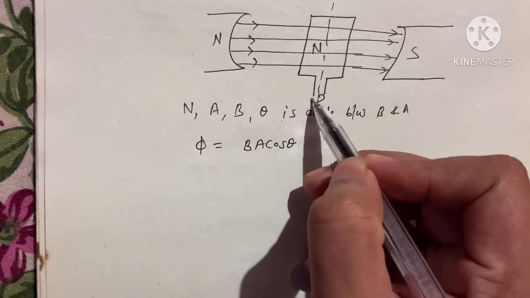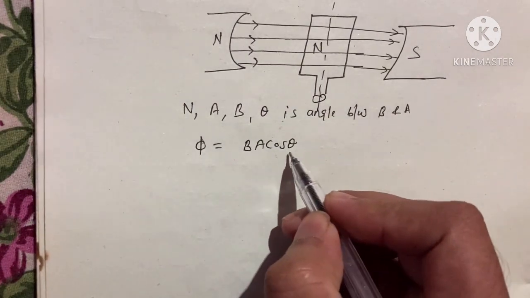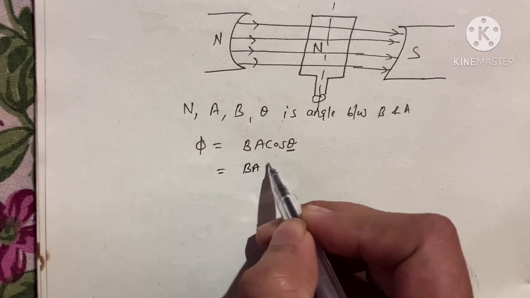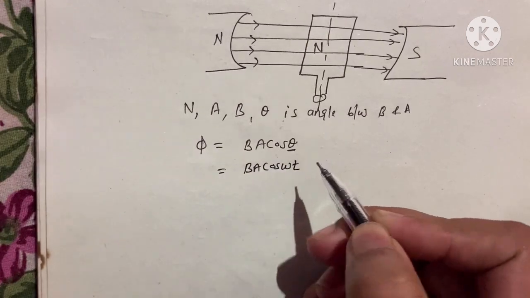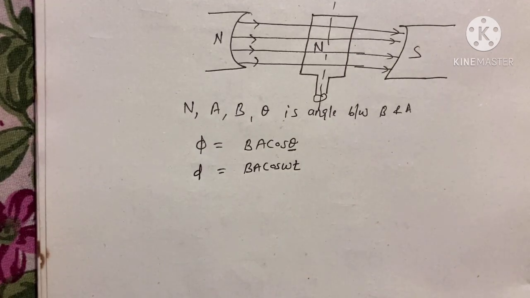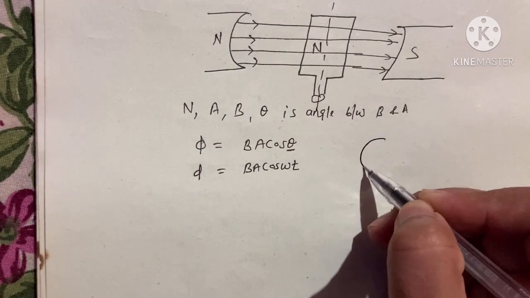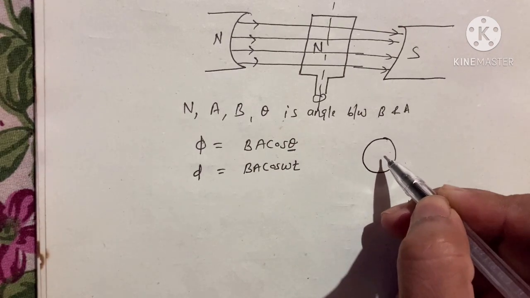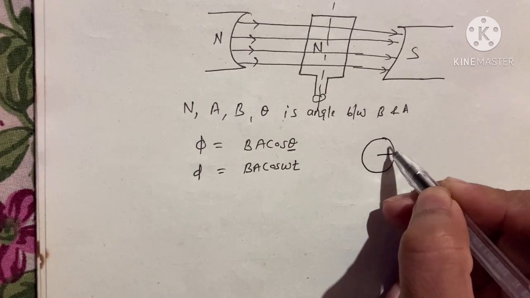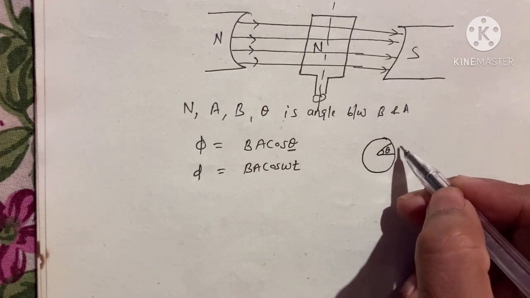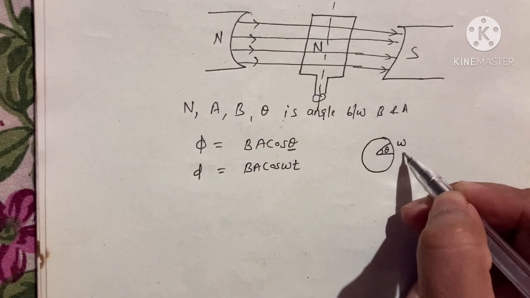Since this coil is rotating in a circle, this theta is the angle, so we can write it as BA cos omega t. This is the flux, because suppose any particle is rotating through an angle, this is the angular displacement theta, angular velocity is omega and t is the time.